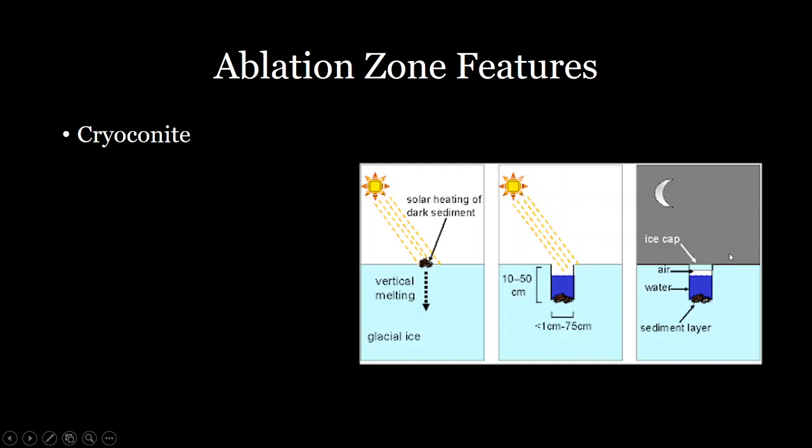And then at night, that little amount of water will freeze over, and you have a little ice cap over that cryoconite. And so that can happen several times over a glacier, and you can have these series of cryoconite holes that develop as more sediment and more bacteria blow onto the ice sheet.